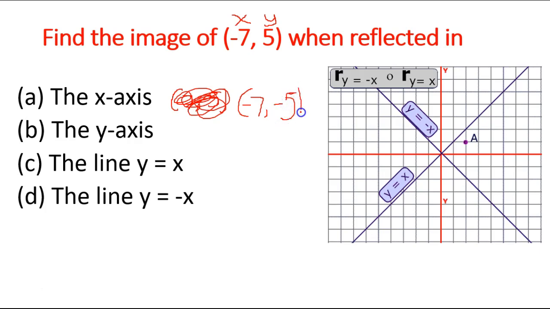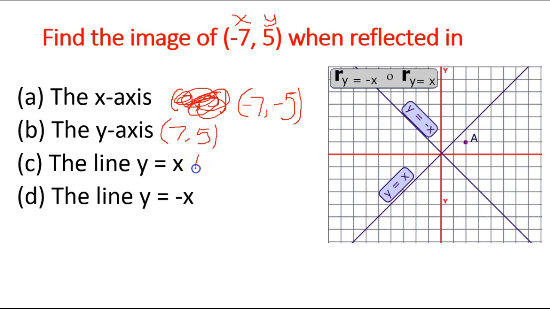Okay, if it is reflected in the y-axis, it means we keep the y coordinate. The 5 is the y coordinate, so we keep it. And then we are going to change the x to +7, and then keep the y as 5.